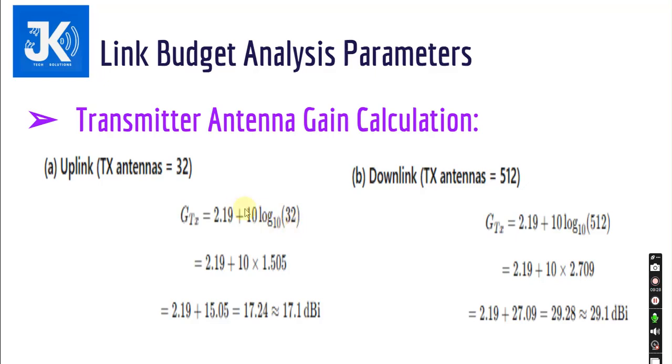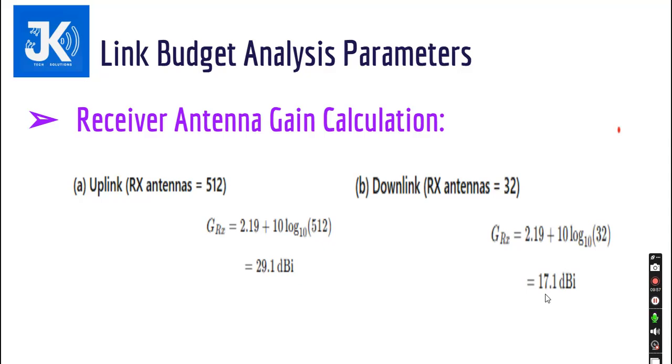After substituting the value, we find the 10 log10 value. After solving, we get 17.1 dBi as the transmitting antenna gain for uplink. For downlink, similarly, instead of n we substitute 512, and we get the gain as 29.1 dBi for the downlink transmitting antenna.